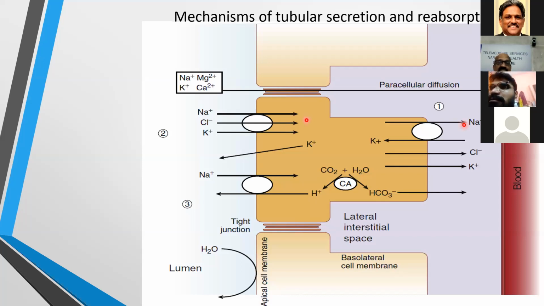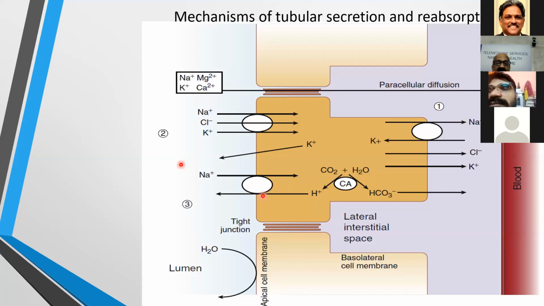which in turn causes shift of sodium from the tubular fluid into the cellular compartment, which is also aided by the exchange of hydrogen ions, which is occurring in the apical cell membrane. The sodium exchange is occurring in exchange with hydrogen ions.